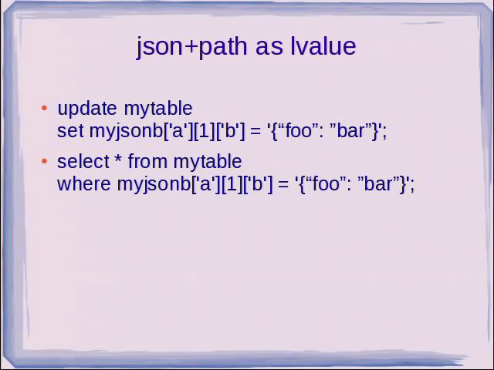Another thing we've discussed, and a number of us are interested in, I think pretty much everybody that's having to do with JSON thinks this is a good idea, is instead of having to do something like JSONb set, to have this sort of notation, which essentially allows you to address a part of the document as an L-value, either to set it or to test it. And that would make the language a good deal more expressive.